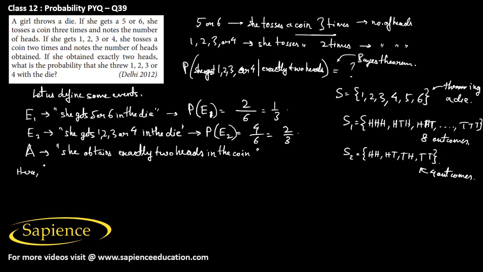Here we can say that P of A given E1 means we are trying to find the probability of getting exactly 2 heads when a coin is tossed 3 times, since when she gets 5 or 6, she tosses a coin 3 times.